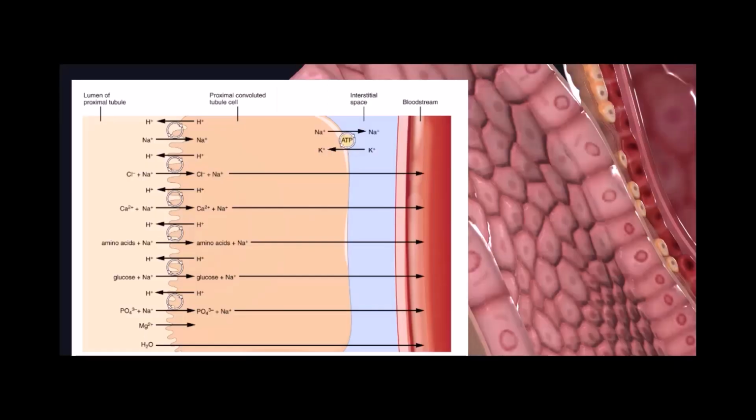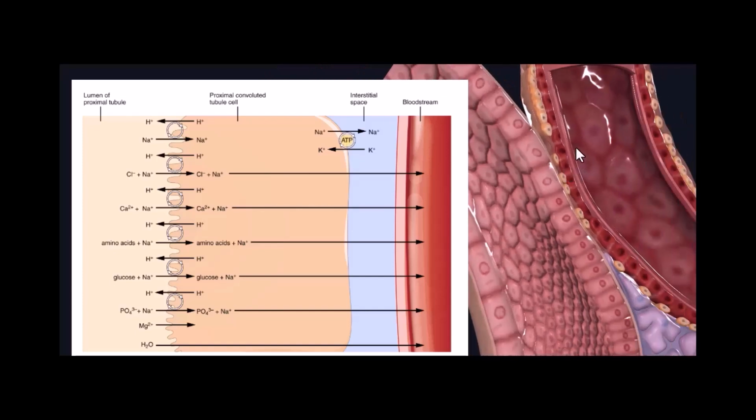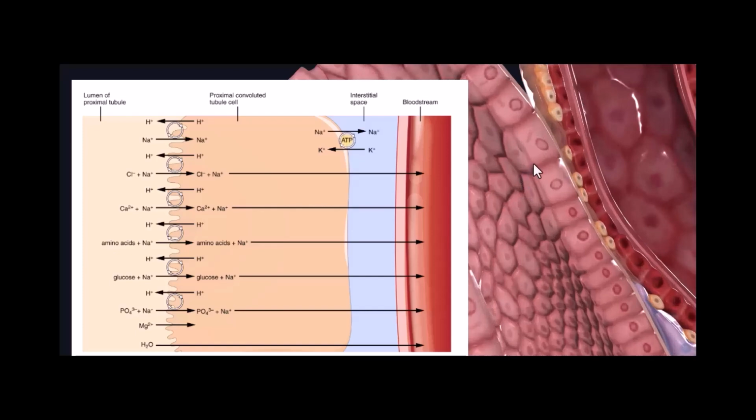Before we begin looking at the proximal convoluted tubule, I just want to go back, and I know that this is the distal convoluted tubule, but let's pretend that it's actually the proximal convoluted tubule, because a lot of people get confused about the apical region and the basal region.